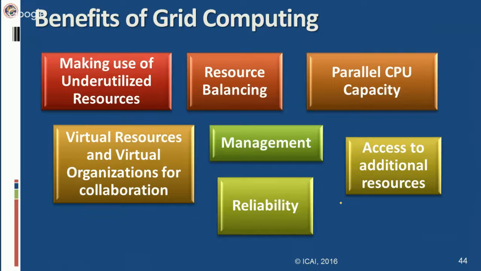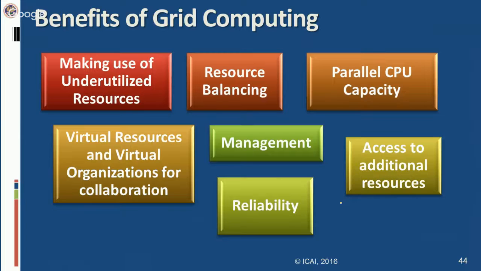Benefits: making use of underutilized resources, because there are times when not all computing resources are used, so grid computing is a best fit for using them. Resource balancing, by scheduling grid jobs on machines with low utilization. Parallel CPU capacity: machines work in parallel, so CPUs are used in parallel.